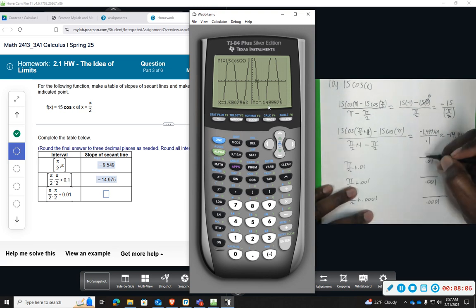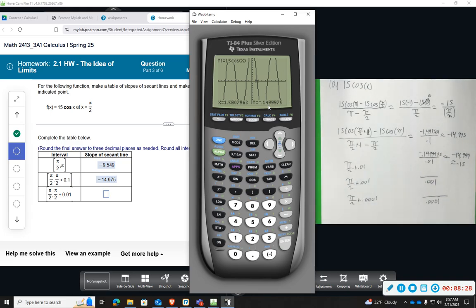So when we divide by 0.01, that roughly gives us a negative 14.999, and then when you round to 3 decimal places, that 7 will round up. So you approximately get a negative 15 in this case.